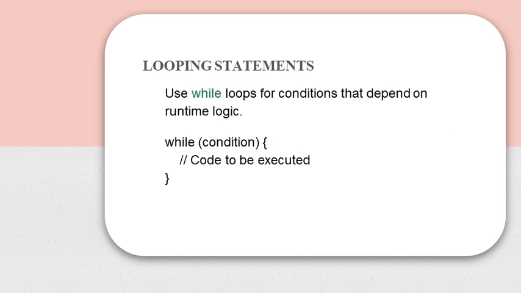While loop executes a block of code as long as a given condition remains true. The condition is checked before each iteration. If the condition is false at the first step itself, the code will not execute even once.